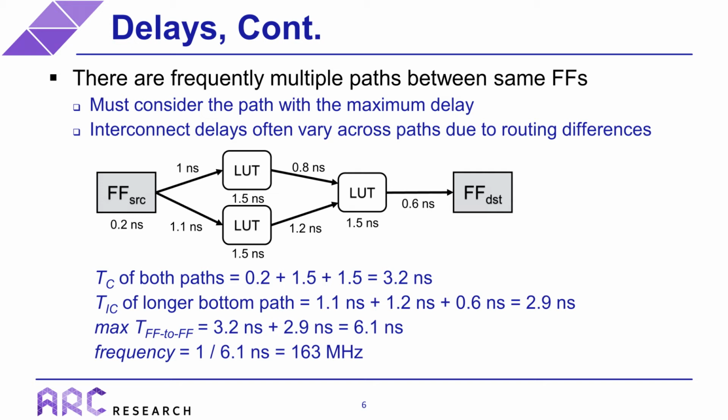Now, if we had only considered the top path, we would have a higher clock frequency, but that wouldn't work because the bottom path would not yet have its data available by the next rising clock edge. So we have to focus on the path that has the longest delay.